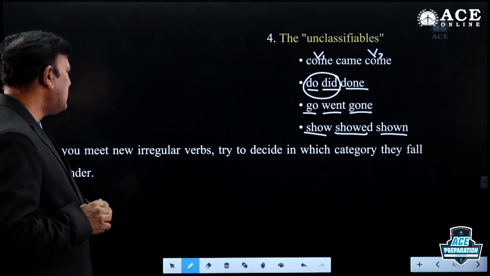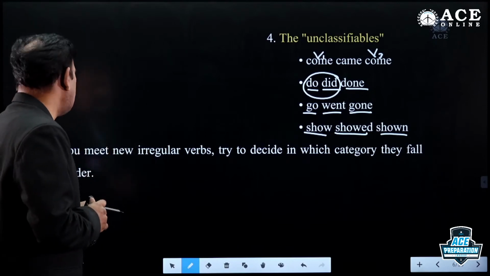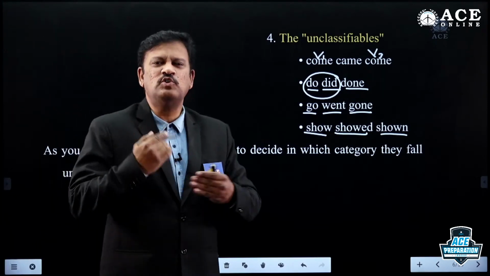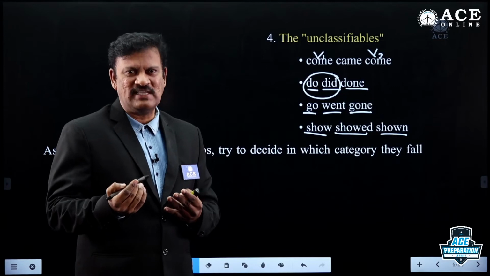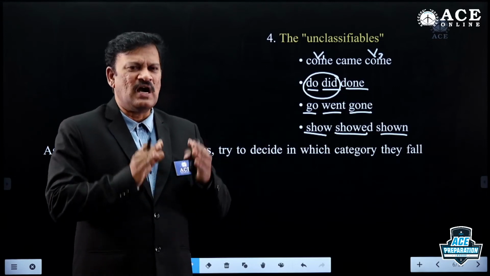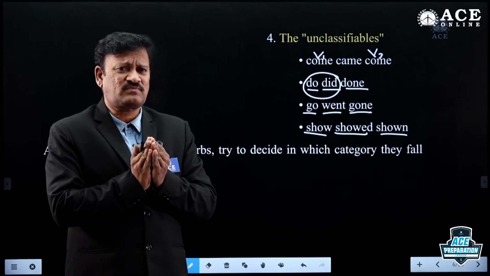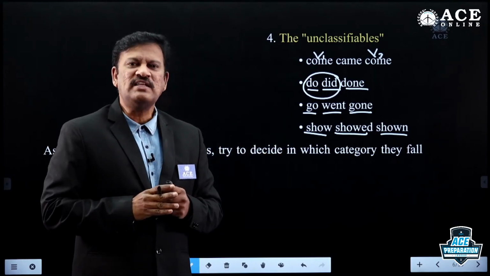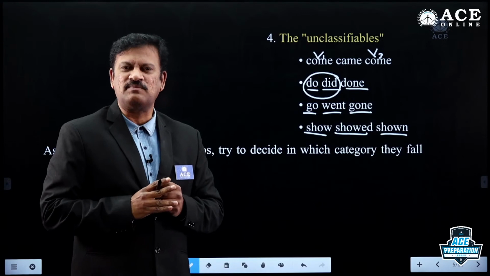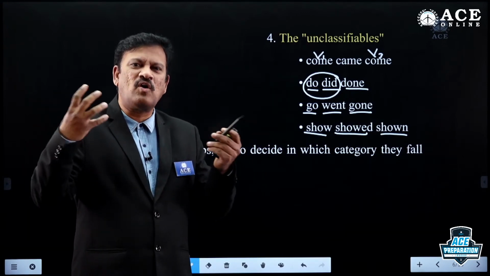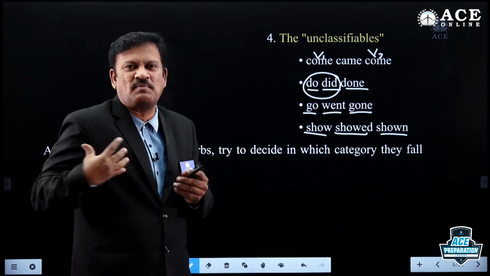Now, look at this one. As you meet new irregular verbs, try to decide in which category they fall under. Whenever you come across a new verb, guys, this is what you have to do after going through these grammatical sessions. These are fixed. You have to keep on adding these words, the vocabulary part.